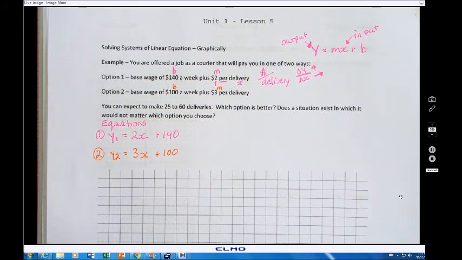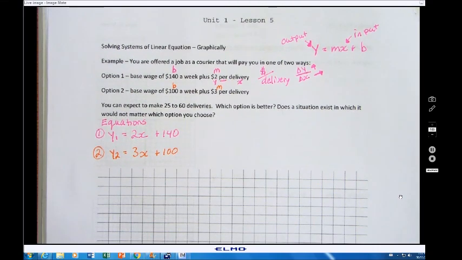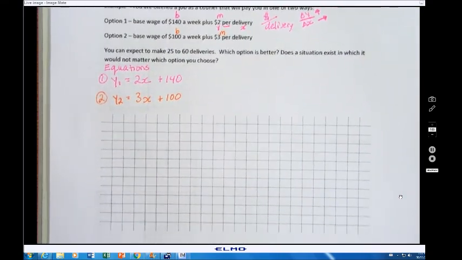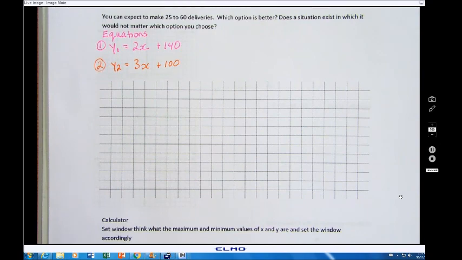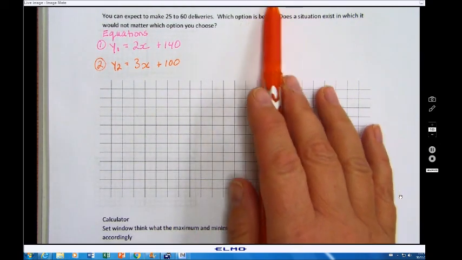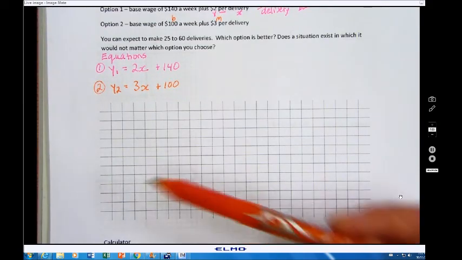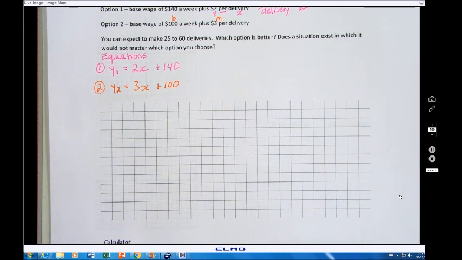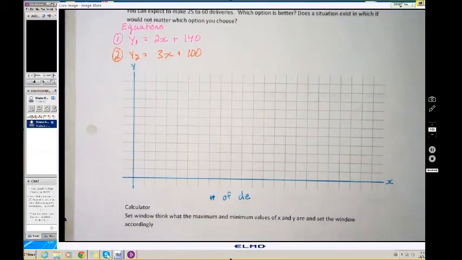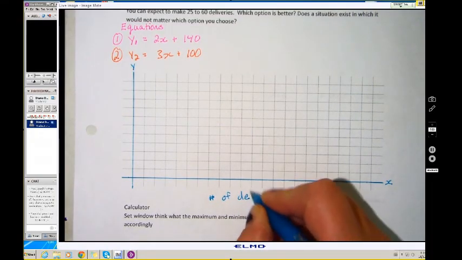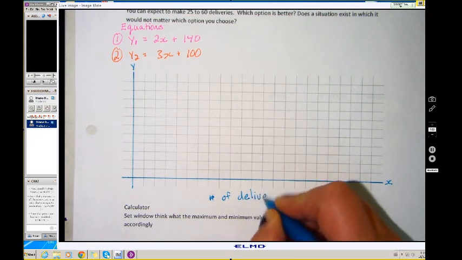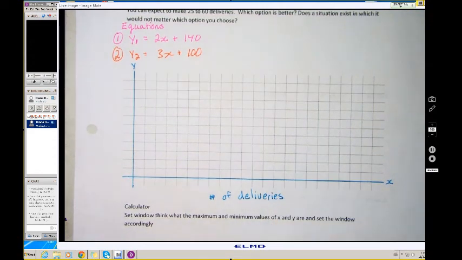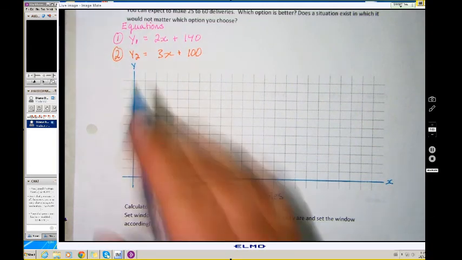Okay, and now we're going to graph these two equations. We know that our x is deliveries, so we're going to have number of deliveries here. And what would we have here? What's y going to equal?